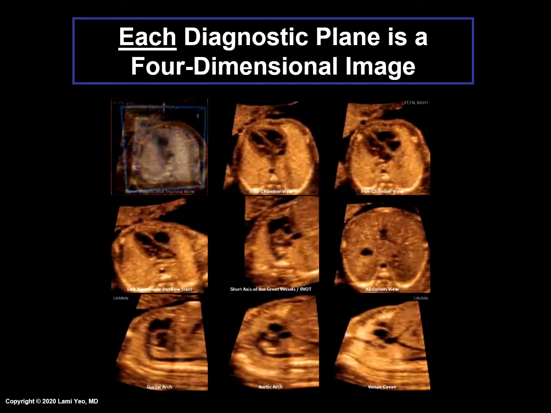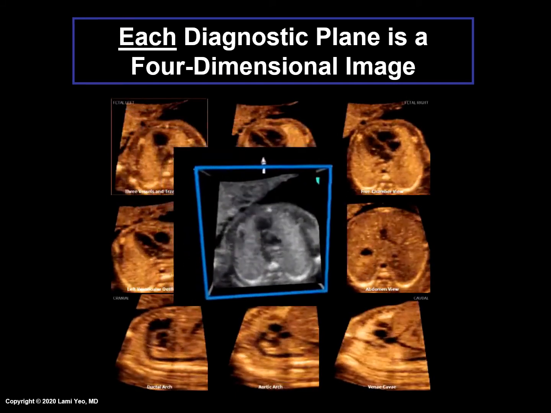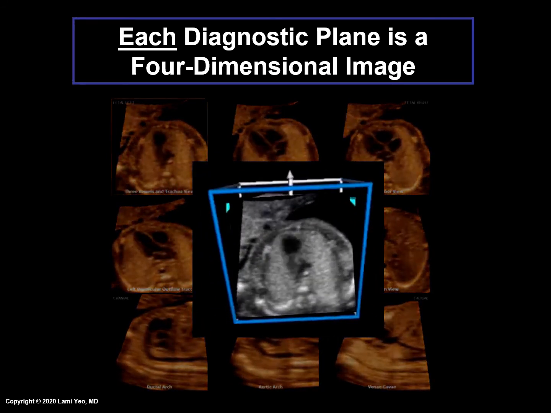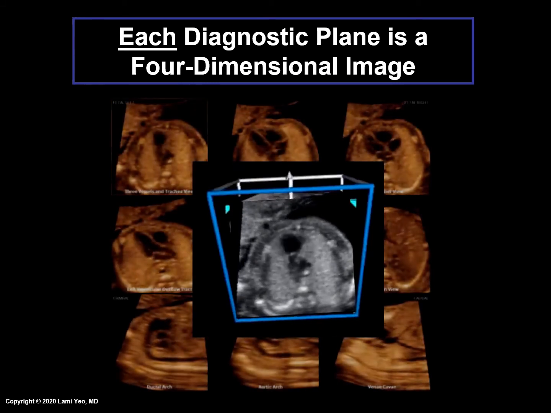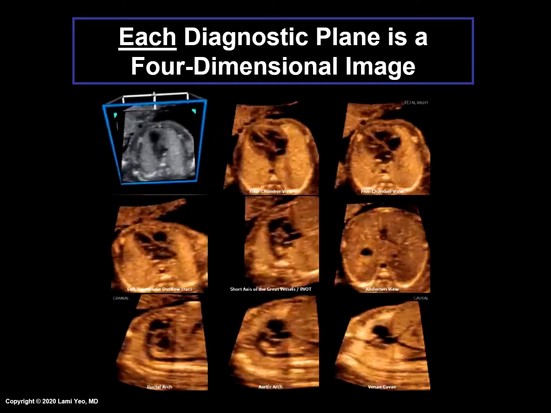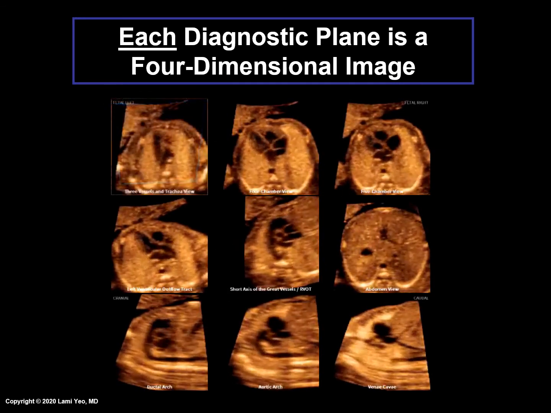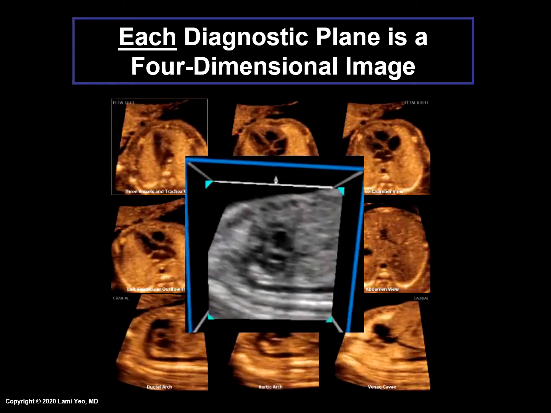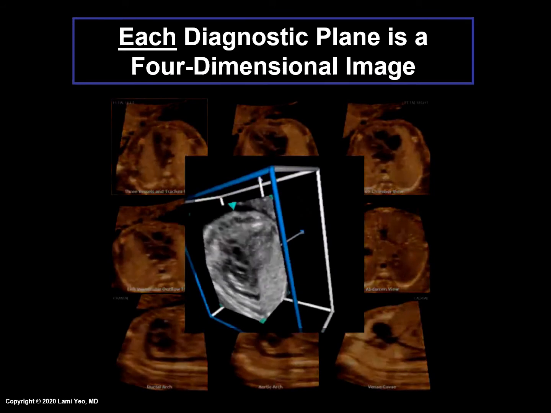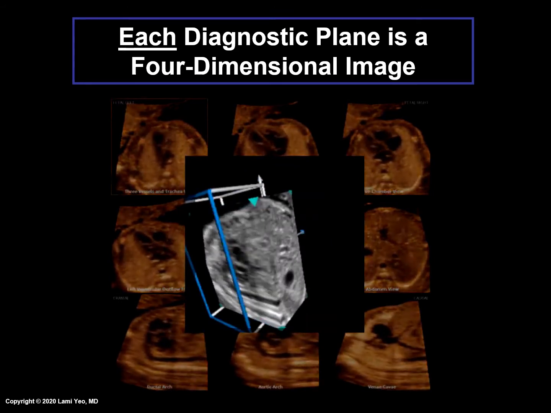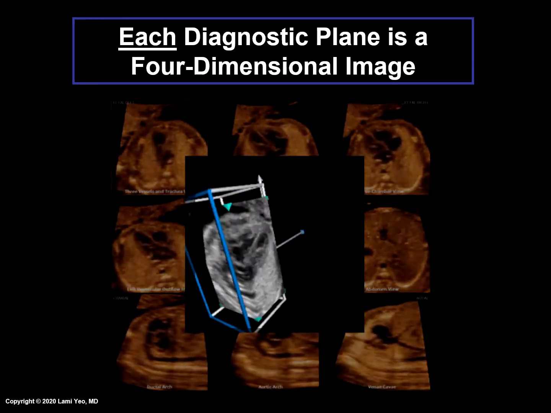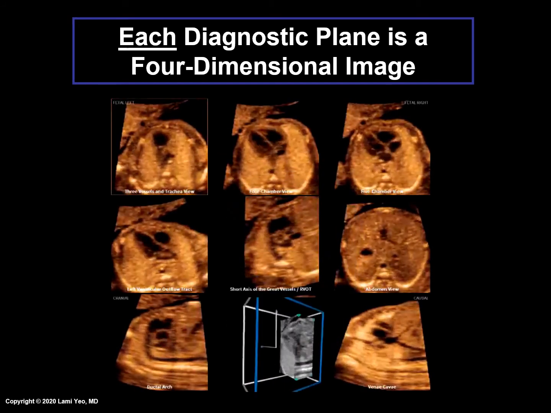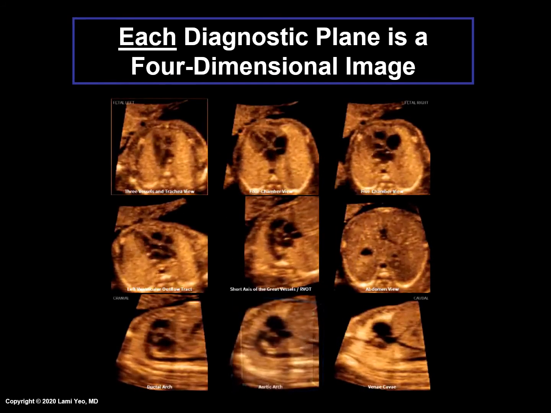This is shown in the 3 vessels and trachea view, the aortic arch view, and finally all the 9 views.